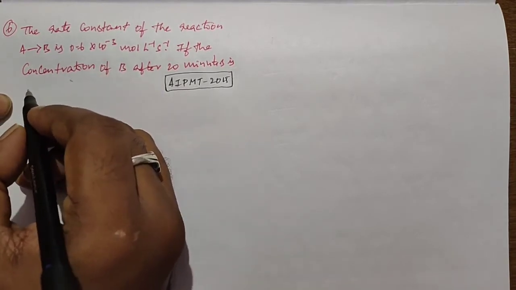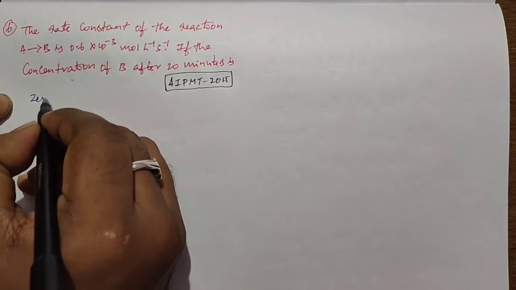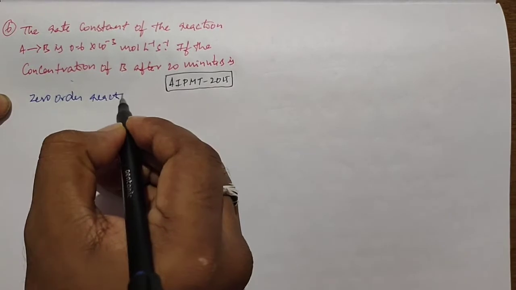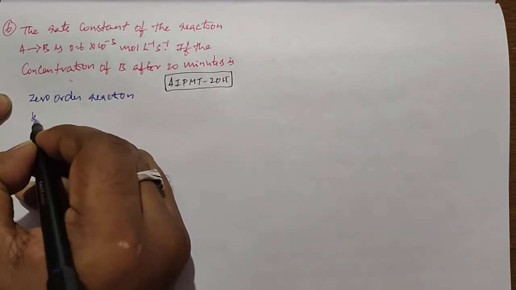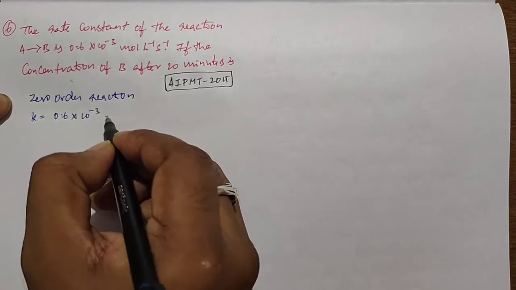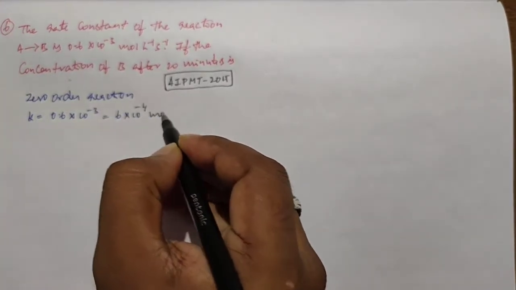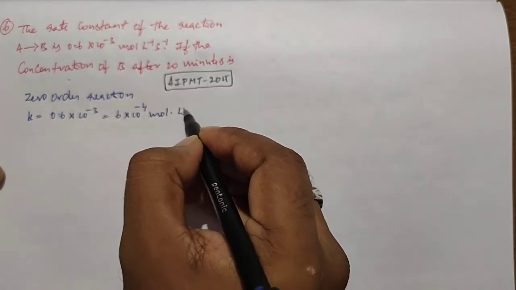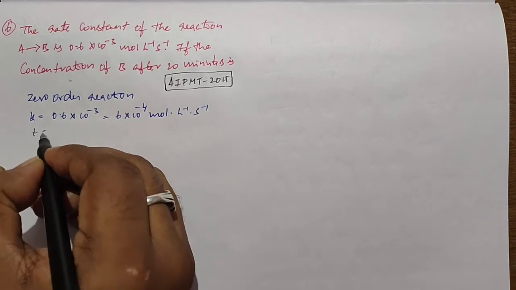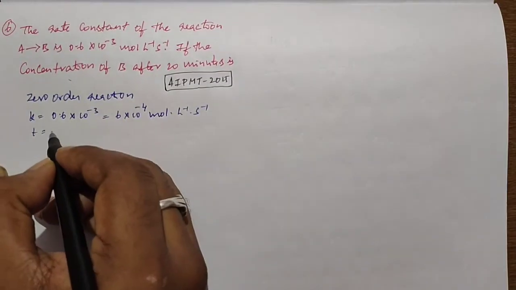Here they give the value of K, 0.6 × 10^-3, which we can write as 6 × 10^-4 mol L^-1 s^-1, and they are asking about the concentration of B at time t.